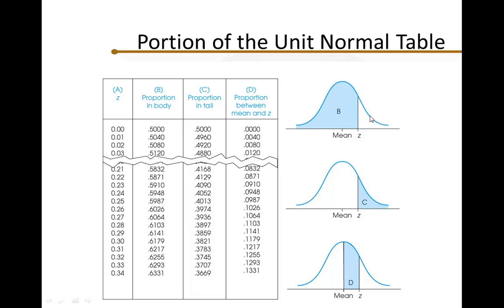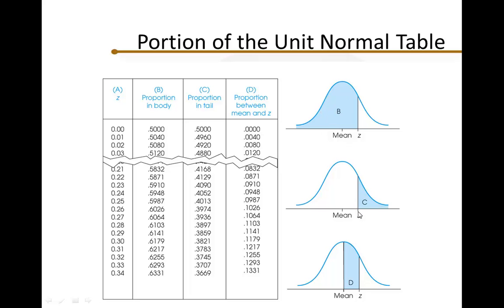These are critical because knowing exactly what you're looking for is going to determine which column you look at. So if I have a z-score of +1, and I want to know what percentage of the group made a score less than this, then I would look at the proportion in the body.